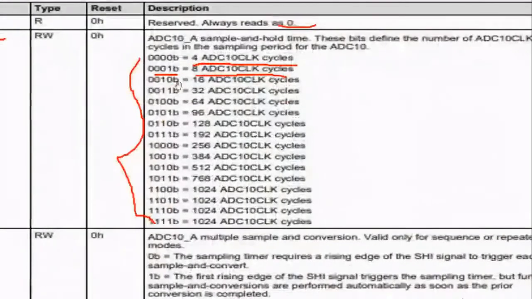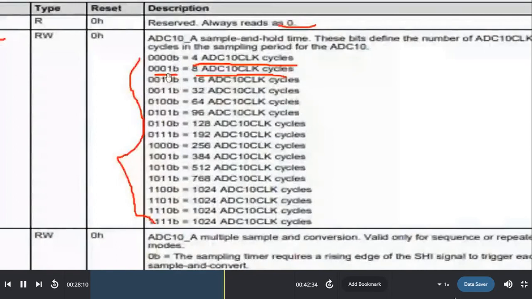So you can see that if it is 0000, it means 4 ADC clock cycles.